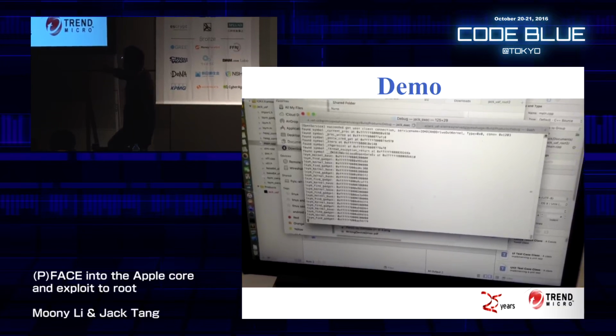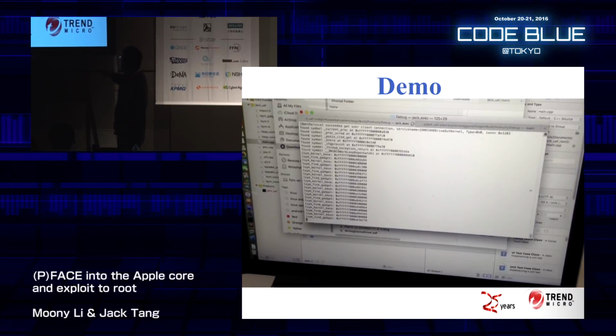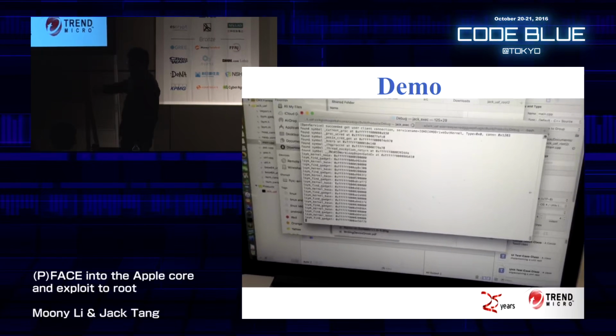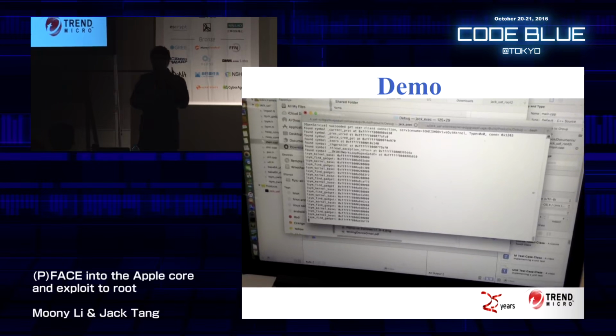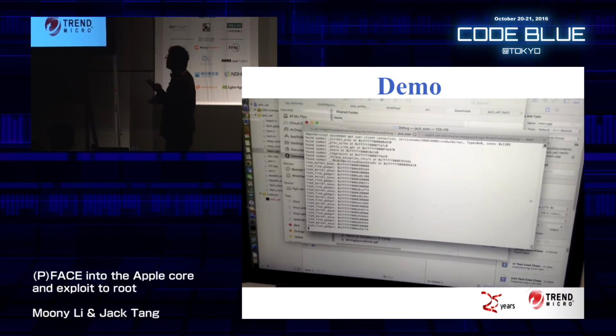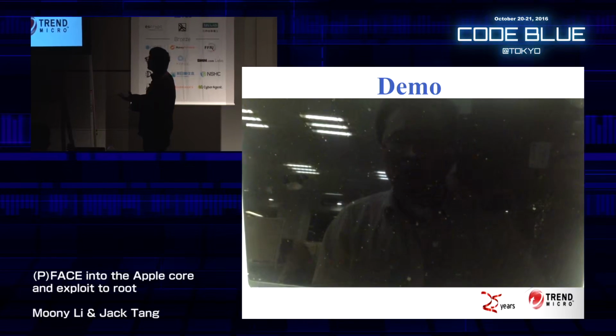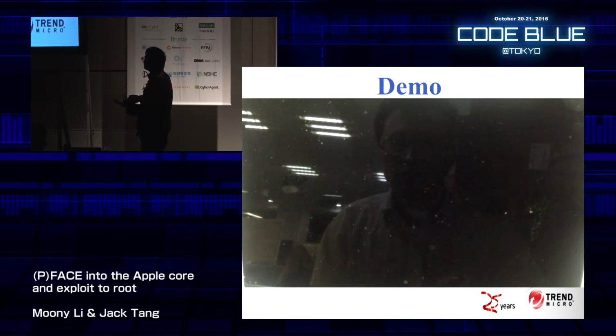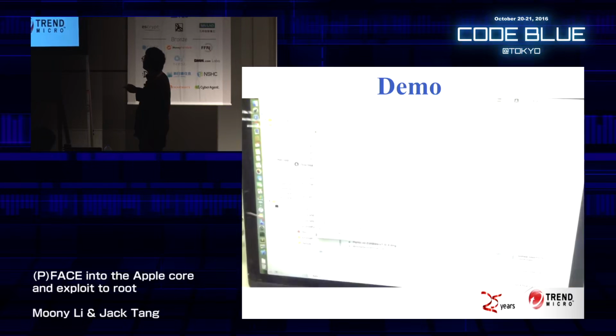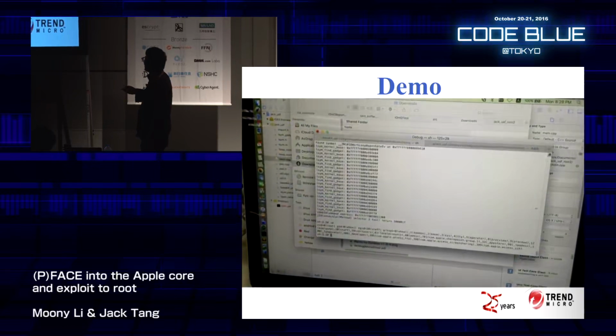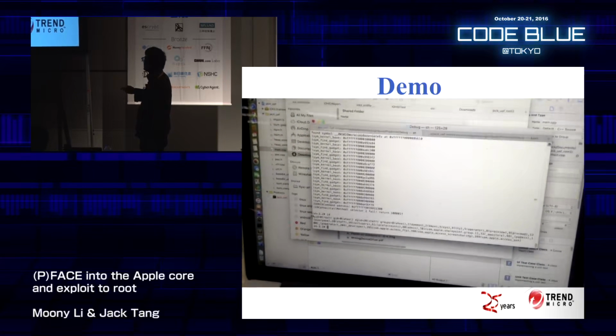And then we launch our exploit application. In this application, it would use 3 vulnerabilities. Take a moment. And finally, we could see that we are root. We could see the ID is 0.